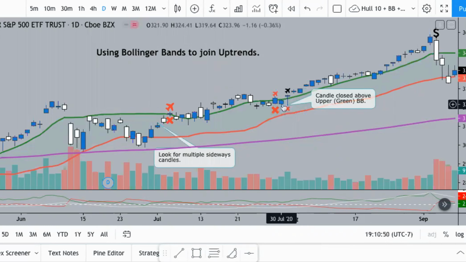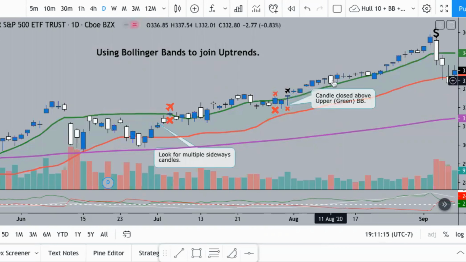Step 1, did you have a candle prior to this trade in between the Bollinger Bands, the green line and the red line? Yes, that's the candle from July 30th. Step 2, did you have a candle close above the upper Bollinger Band? Yes, we did. Step 3, we put the stop loss below this candle. And then step 4, we allowed it to trend.